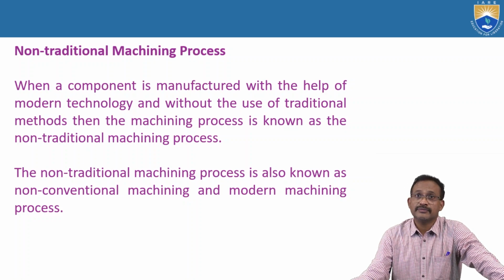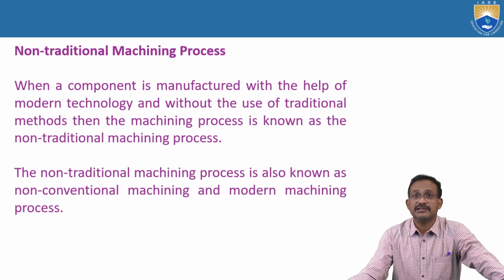So we have to use traditional machining process and non-traditional machining process. Between these two, there are some other sophisticated tools. That is the development of traditional machining process. For example, for lathe machine, we have CNC lathe machine.